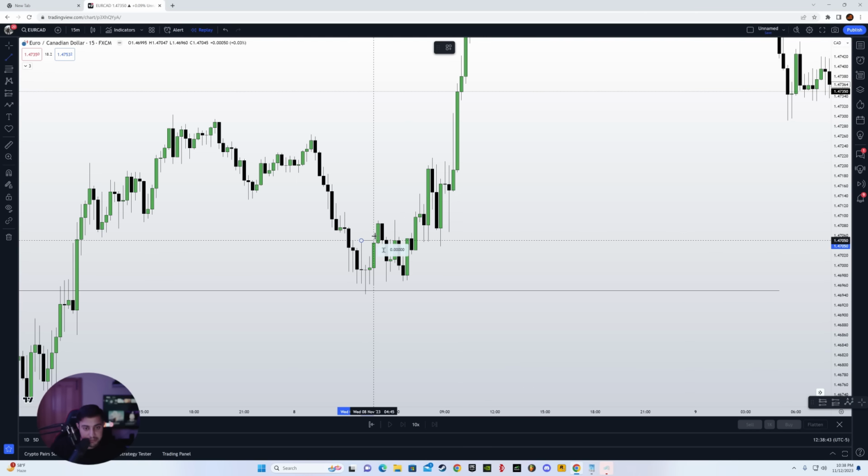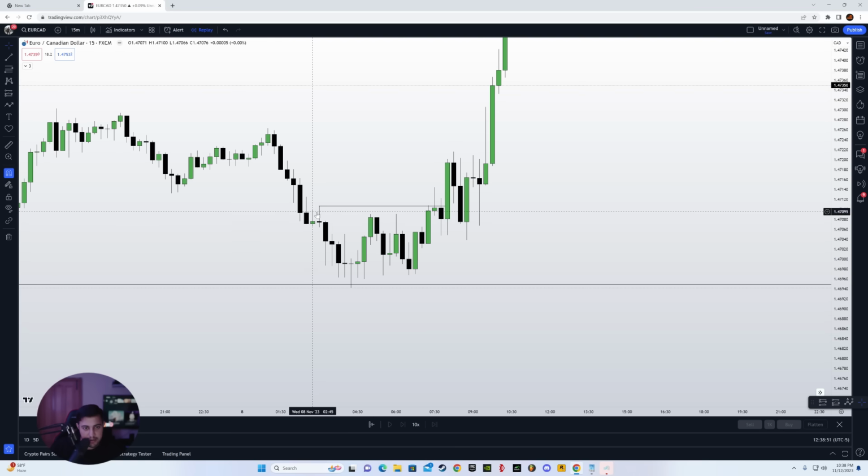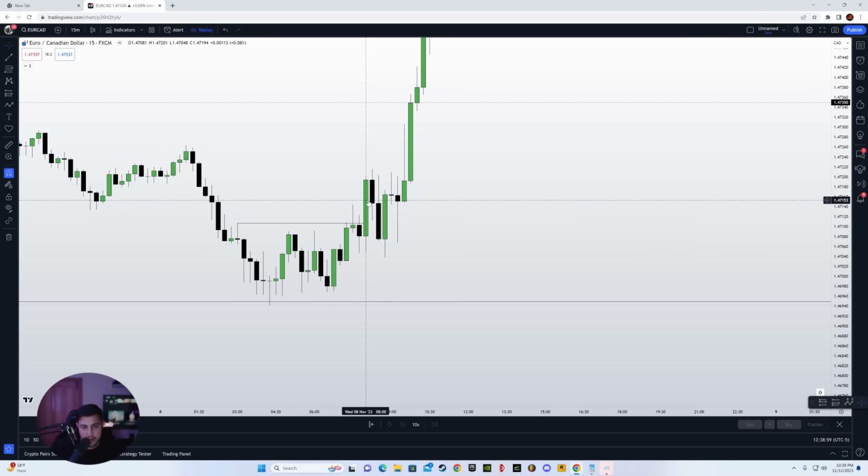We did have a shift in the market structure here, but it wasn't a clean shift. However, when we come here, you can see we have a clean shift in the market structure. This is the high. The candle to the left is lower, and the candle to the right is also lower. So that is a high over here. Now we have a shift in the market structure with the candle closure, and these consecutive bearish candles is our order block.